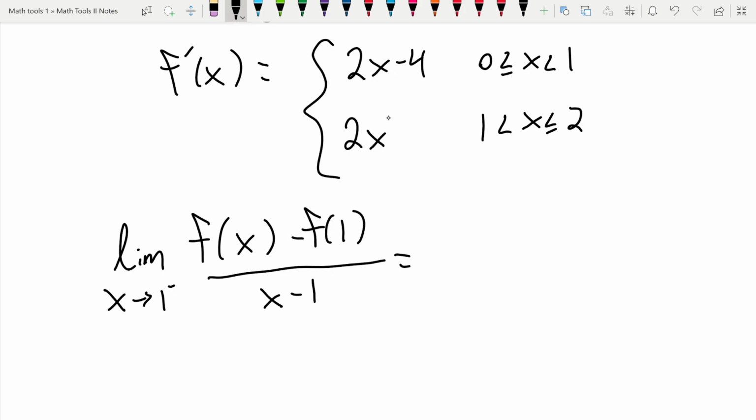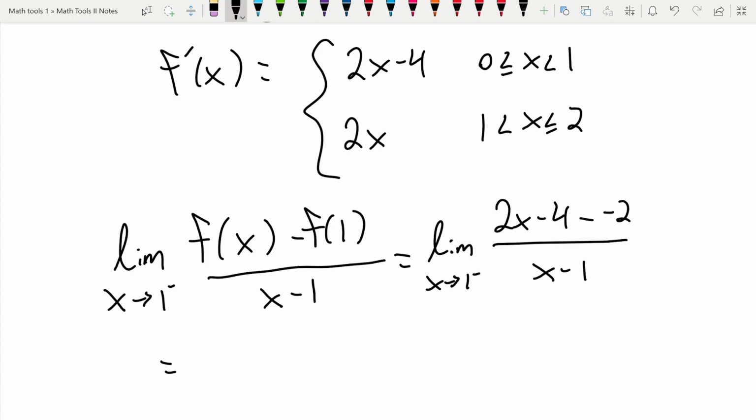So on the left side, approaching the limit from the left, we're on this part of the function. So this is going to be the limit as x approaches 1 from the left of 2x minus 4 minus f of 1 in this part, which is negative 2, over x minus 1. So add 2 to this.